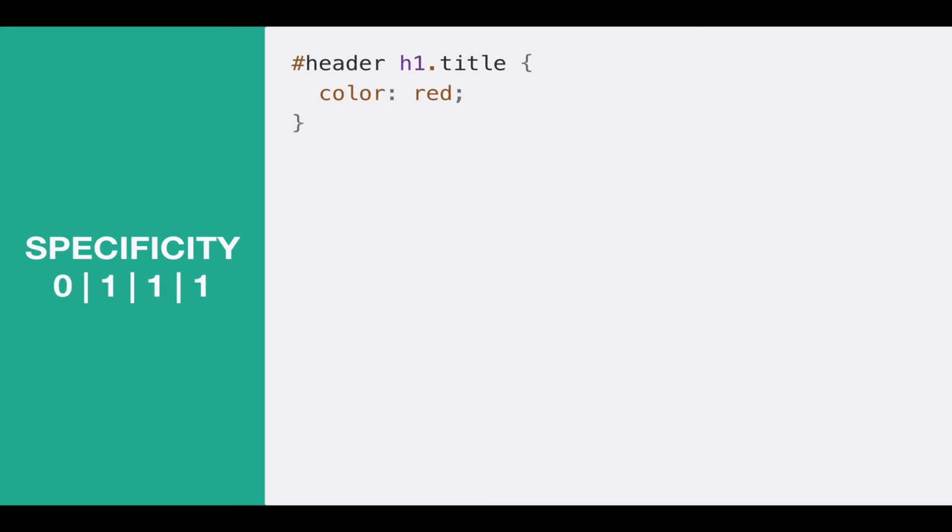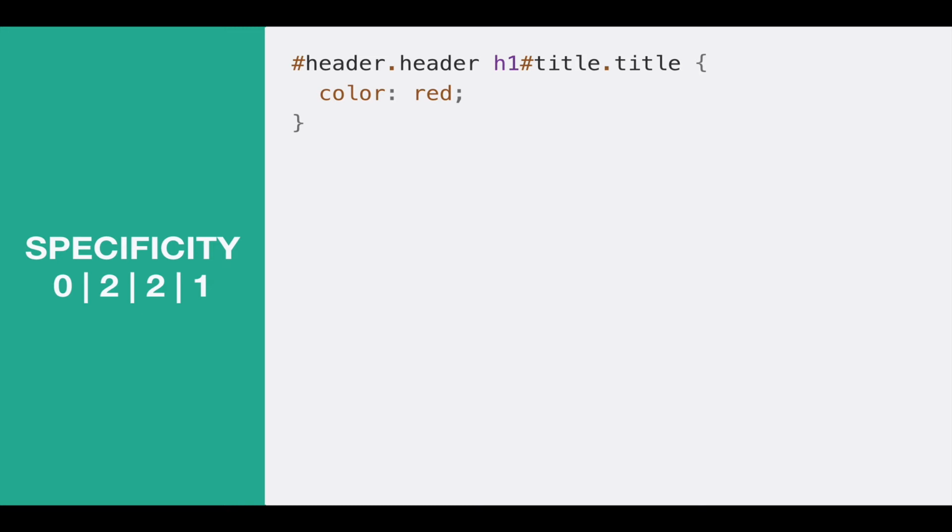All right, so for example, this selector, where we have the ID header, h1.title or class title, would have a specificity of 111. Okay, everyone see how that's calculated? They have 1 ID, 1 class, and 1 tag. Okay, we could have a selector like this. There are 2 IDs in this. We have an ID for header, an ID for title.